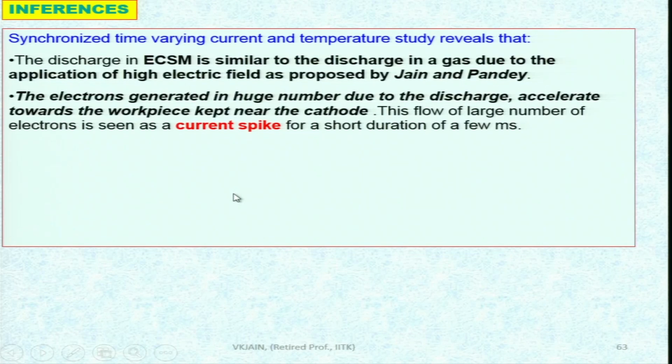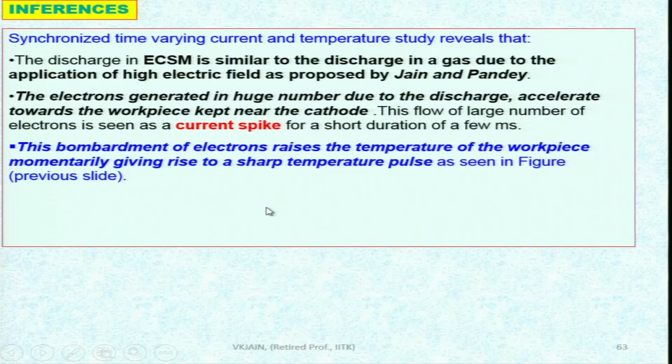This flow of a large number of electrons is seen as a current spike for a short duration of a few milliseconds.